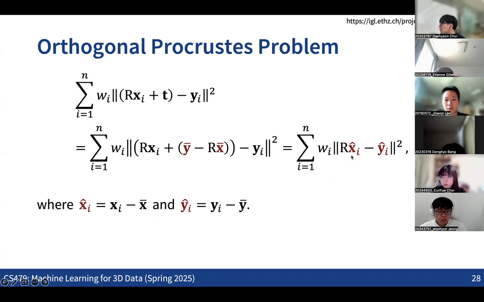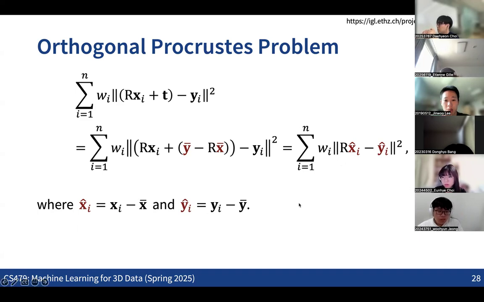And you can see that this x hat and y hat are the centralized points, which means that we are translating all the x points and y points in a way that their weighted center becomes the origin, right? So after taking the centralized points like this, now the problem is how we are going to find the rotation here, which is exactly the same problem that we have seen in defining the rigidity in the previous slide, right?